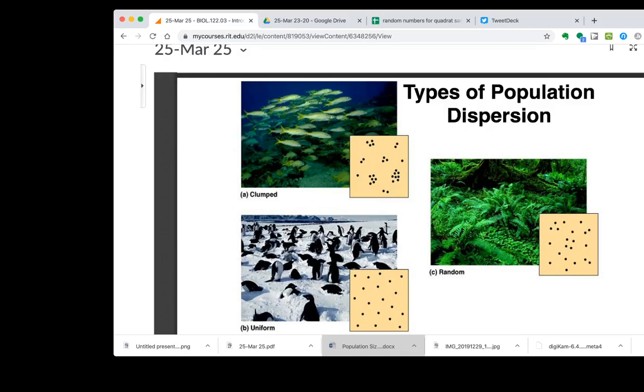We've got uniform, so you've got the penguins there that space each other out evenly, but there are other examples out there. And then there's random, so there's no particular pattern to this dispersion, but one of the things that's interesting is that what can often look random might also be the impact of particular factors, and there might actually be a pattern of dispersion.